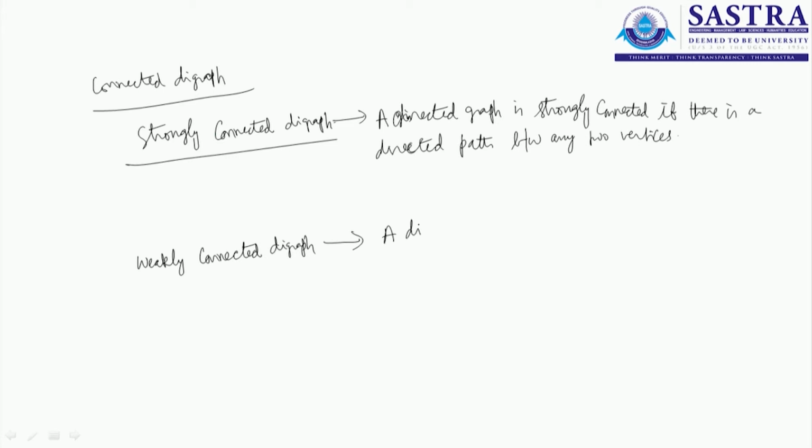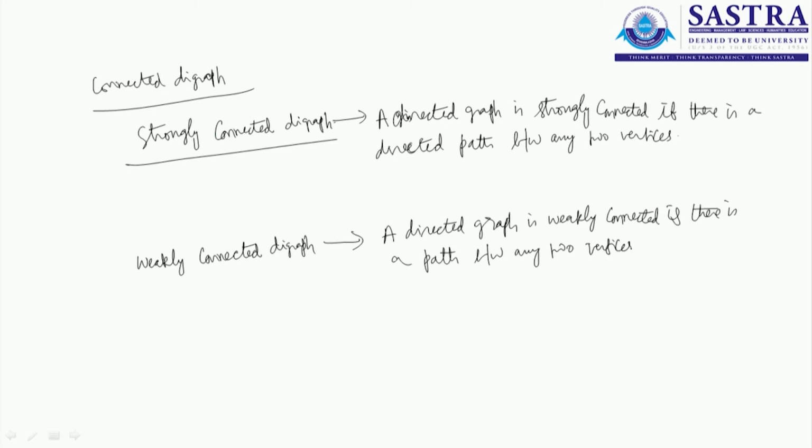A directed graph is weakly connected if there is a path between any two vertices in graph G, but no directed path.